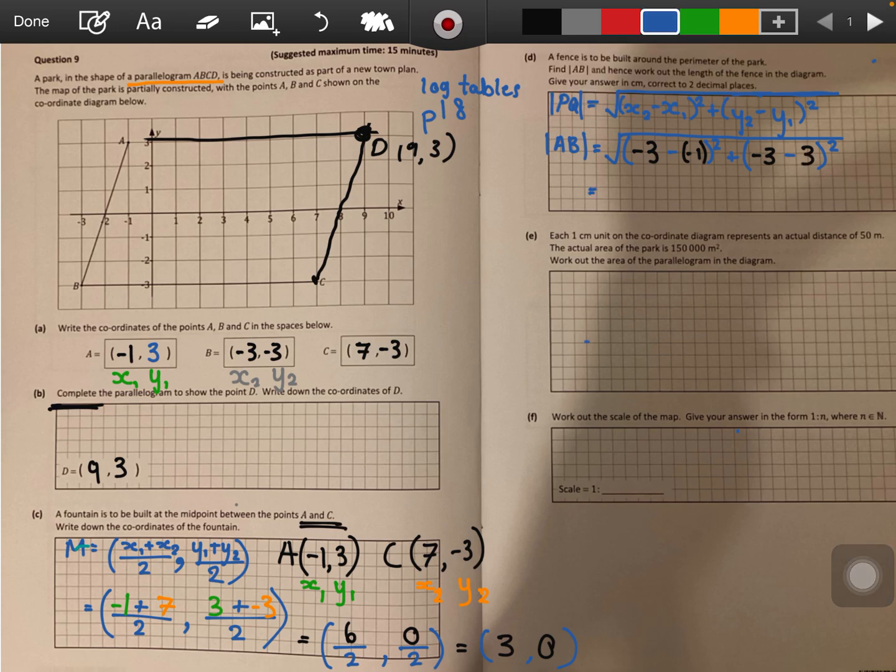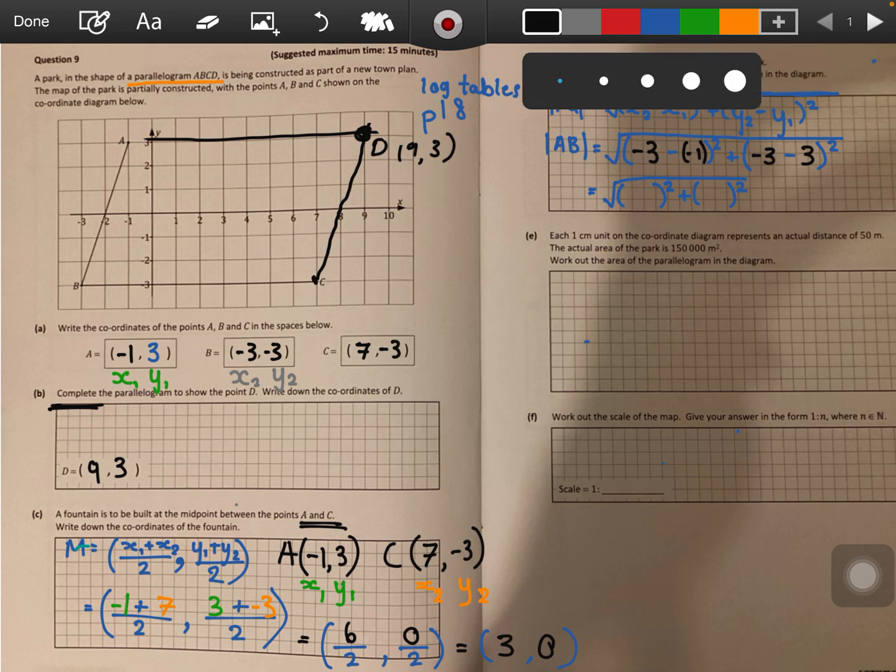Okay, so simplify inside those brackets. -3 minus a -1. So what happens with the minus acting on the -1? Well, it's multiplying it, so it's going to become a +1. So it's -3 plus 1. So it's a -2 squared. And then -3 minus 3 is going to become -6 squared.